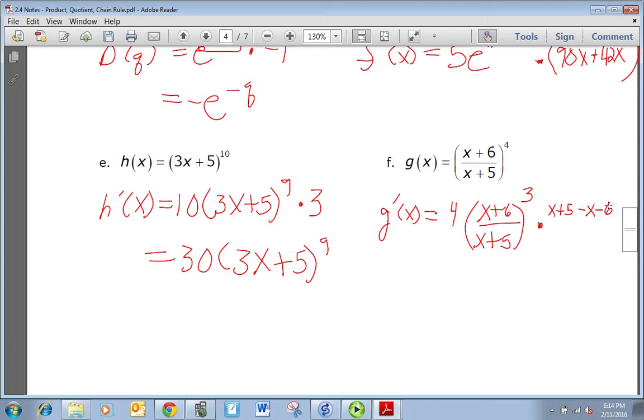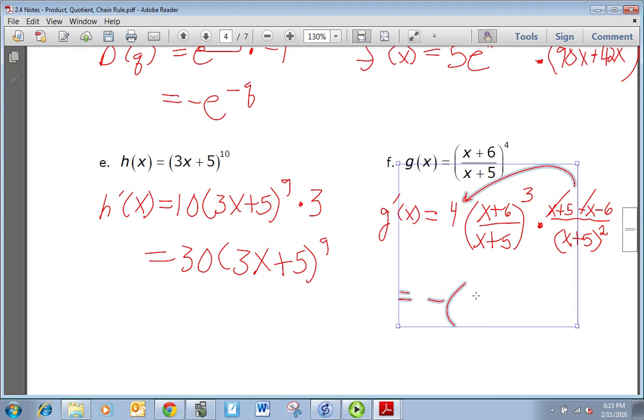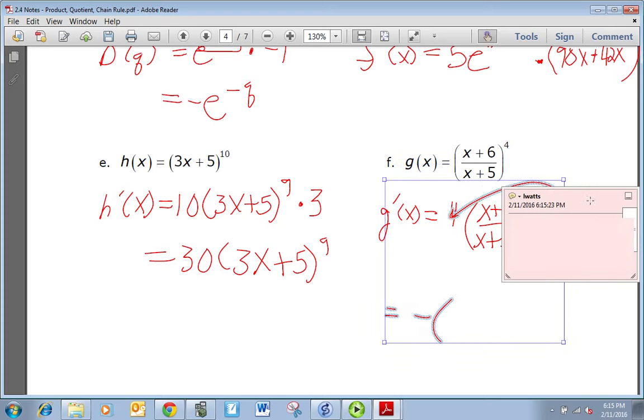Now the reason they're both negative is because you have to put that subtraction all the way through, over the bottom squared. Now I notice I have an x and a minus x, and we know that those are going to cancel, and 5 minus 6 is negative 1. So that negative 1 can go with the 4 out here, and we get just negative quantity x plus, oh boy.